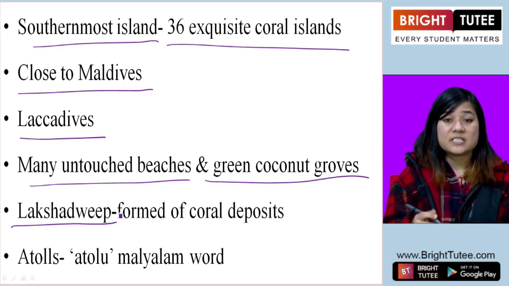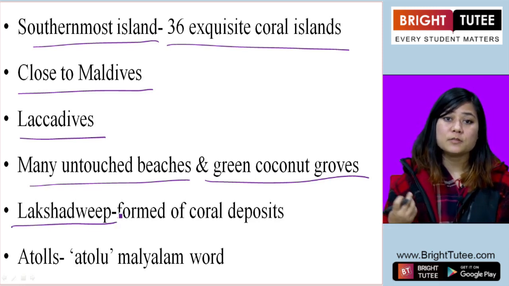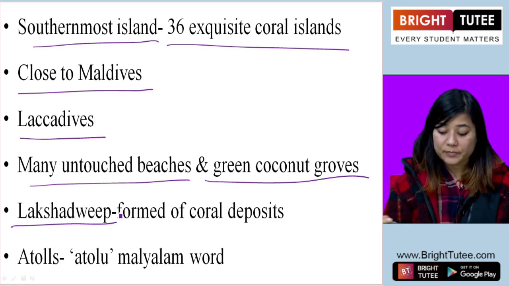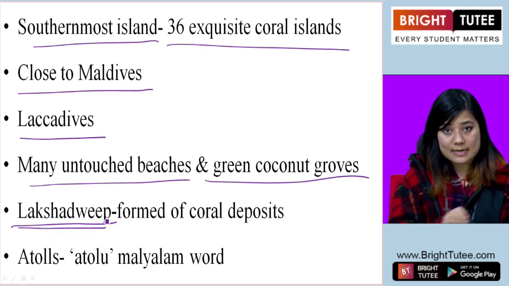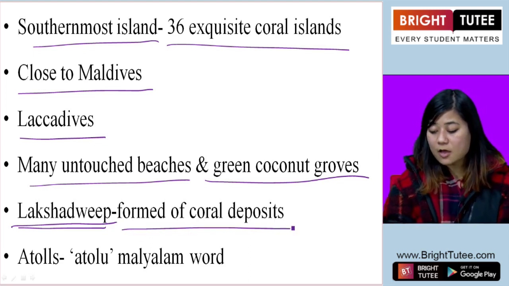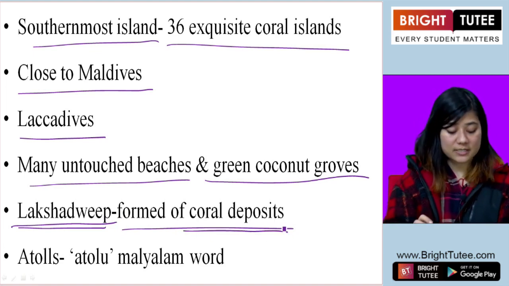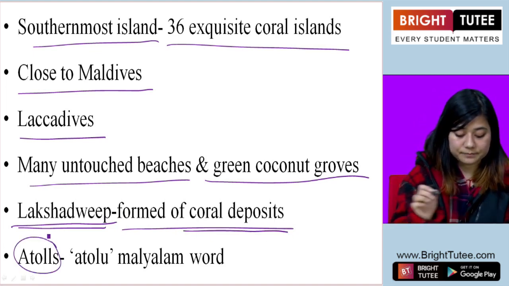Now Lakshadweep, since we already know that the southernmost part of it is formed by coral islands, the group of Lakshadweep Islands is formed by coral deposits. These coral deposits are called atolls.